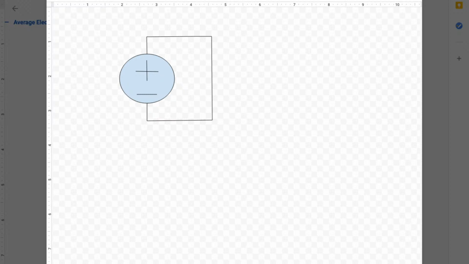And to expand on what a current is, which is the flow of electrons in a circuit, let's see if I can do it this way. Let's see what that looks like. So we've got our positives.